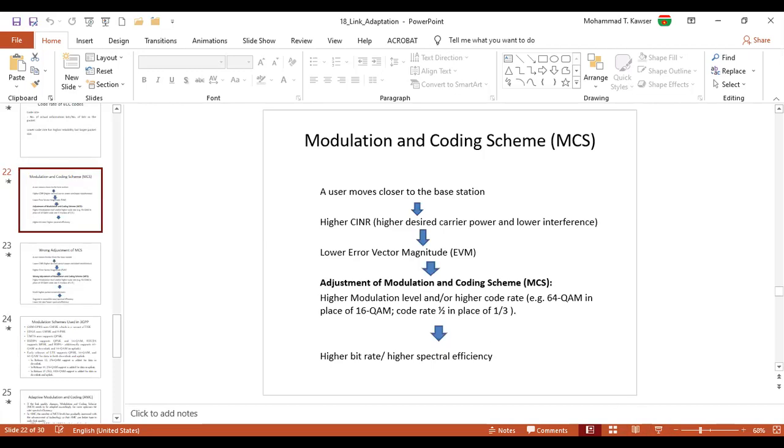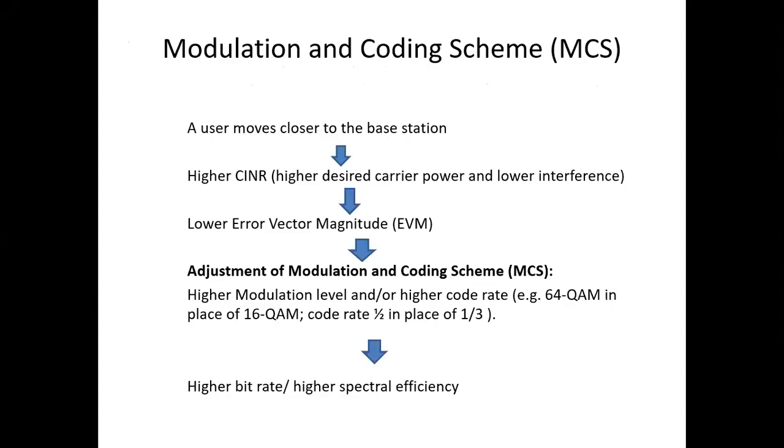Like, as a user moves closer to the base station, we already showed in our previous demonstration that your desired signal power will be higher, and you are getting further away from the base station which is retransmitting.